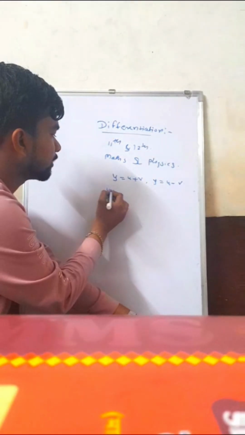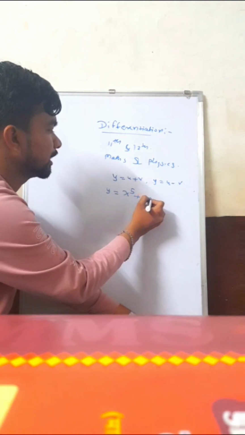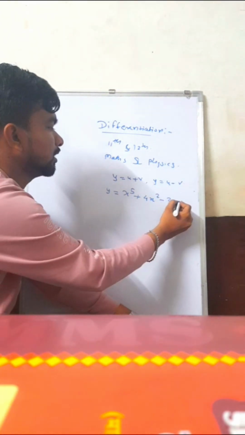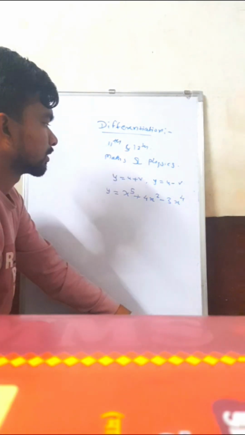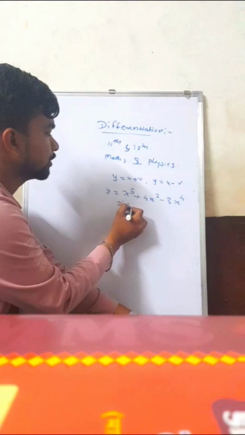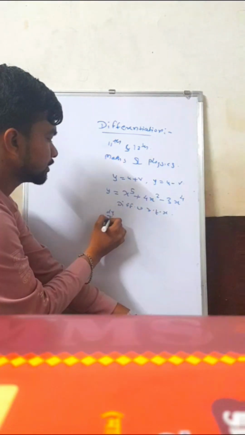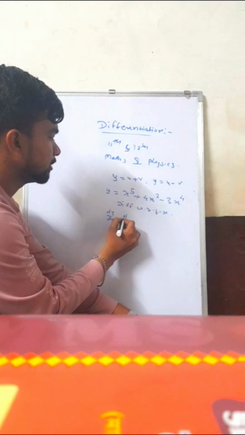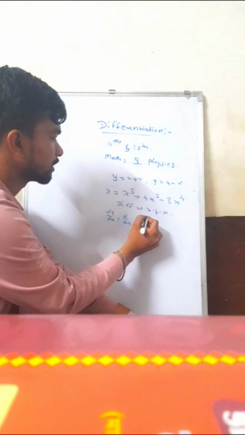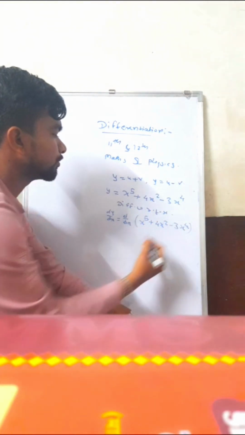Then differentiation of plus and minus. Suppose this is an example: y is equal to x raised to 5 plus 4x square minus 3x raised to 4. For solving this, we differentiate with respect to x, that is dy by dx is equal to, then apply the rule, d by dx of x raised to 5 plus 4x square minus 3x raised to 4.